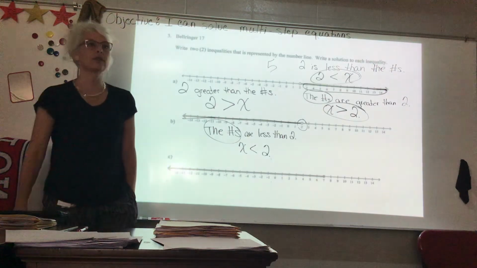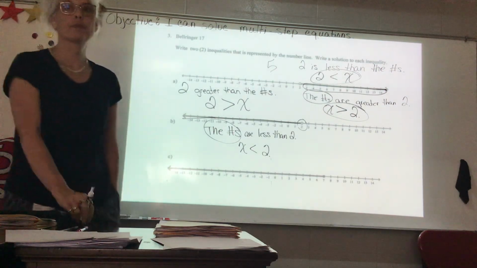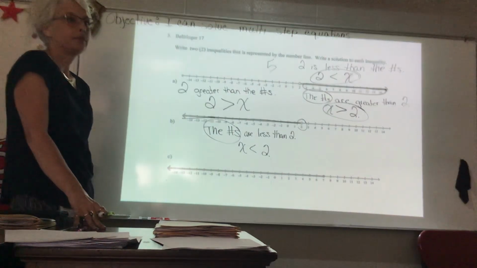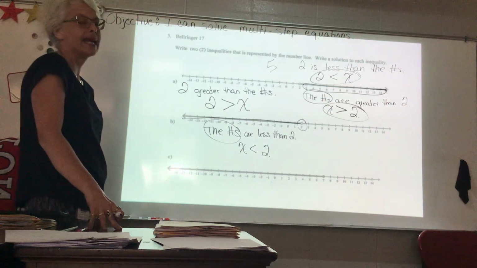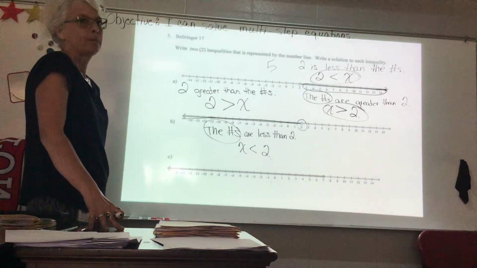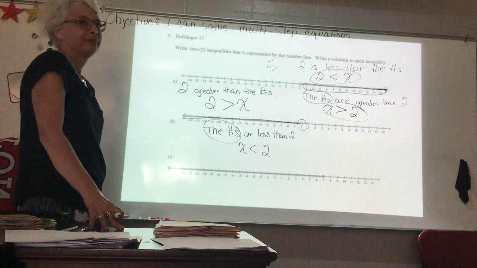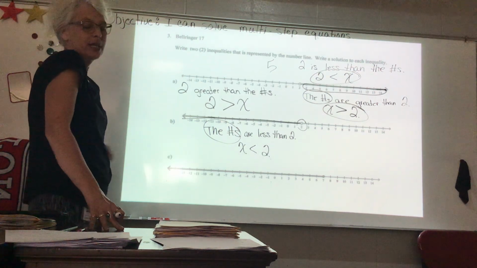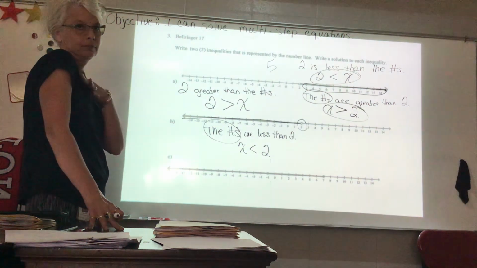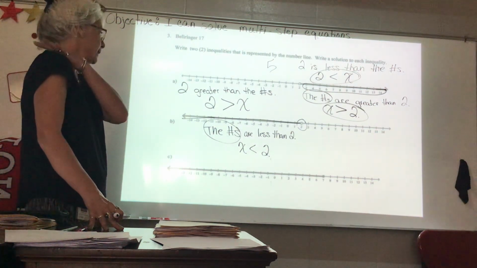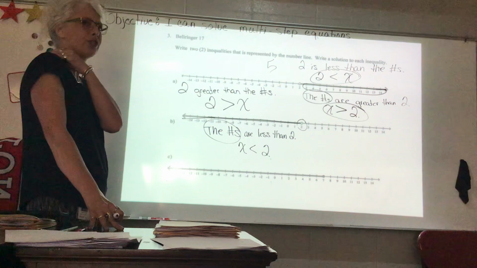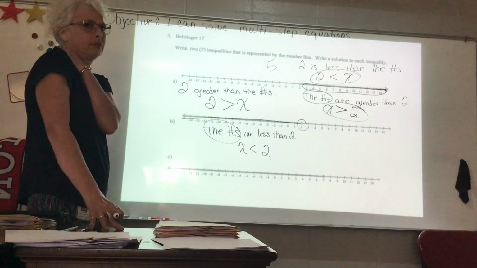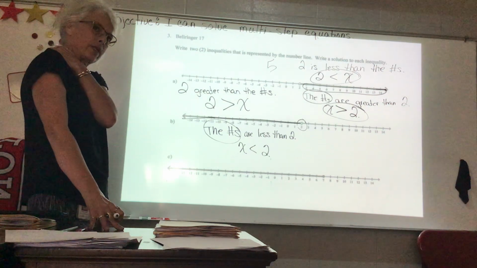Who can give me a solution to this inequality? Give me a solution, Kaden. Pick any number that is shaded. Isn't every number that's shaded a solution?